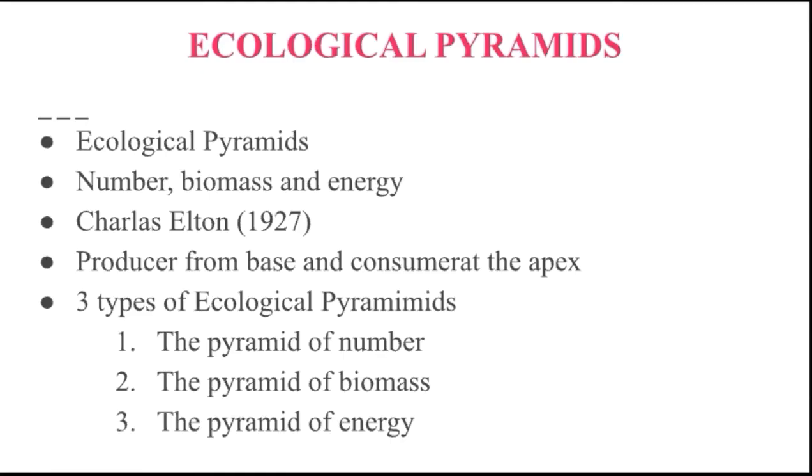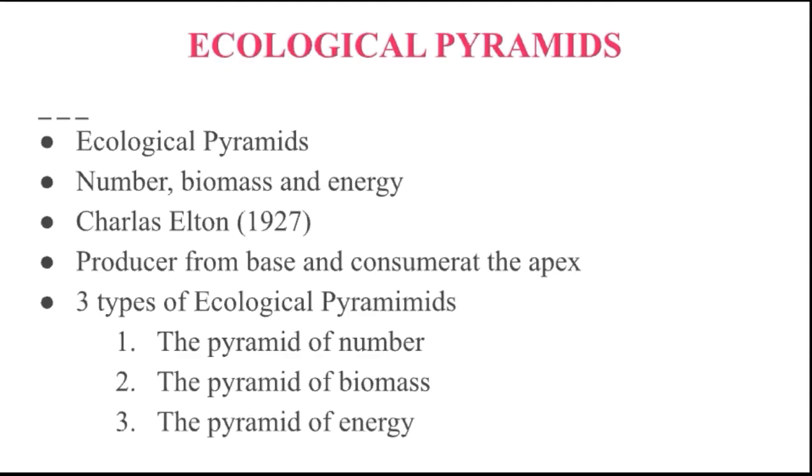Another definition is that an ecological pyramid is the graphical representation of the number, biomass and energy of the successive trophic levels of an ecosystem. Ecological pyramids were first described by Charles Elton in 1927.